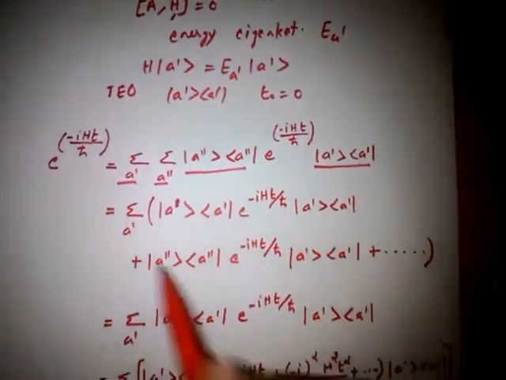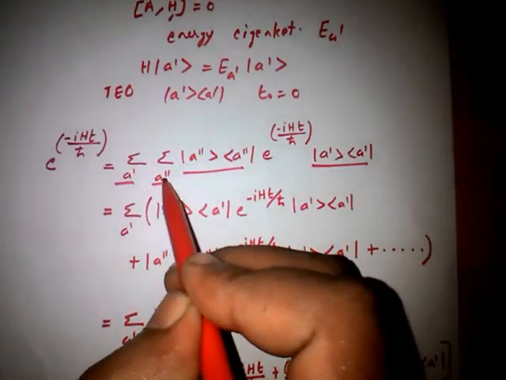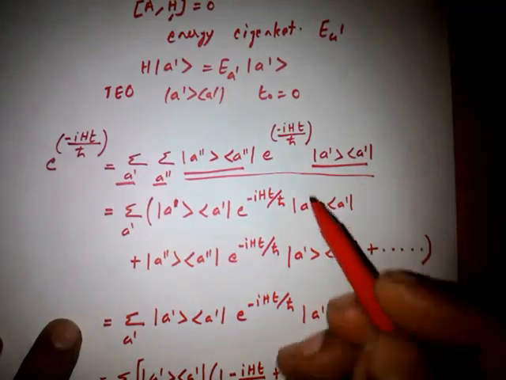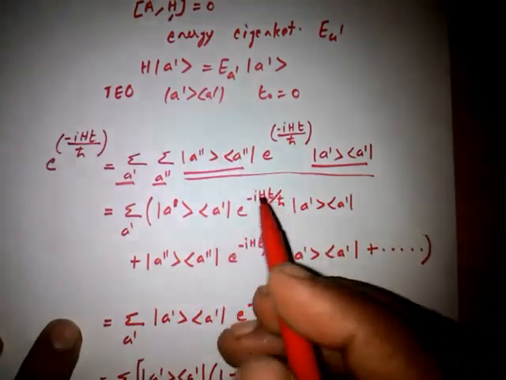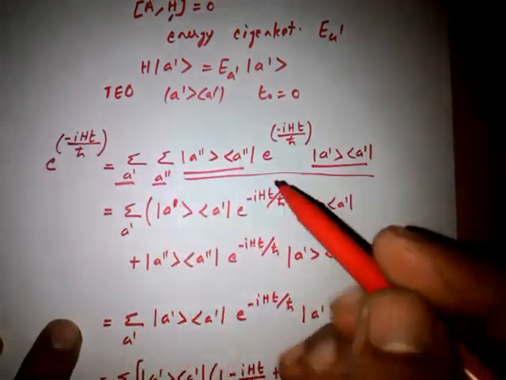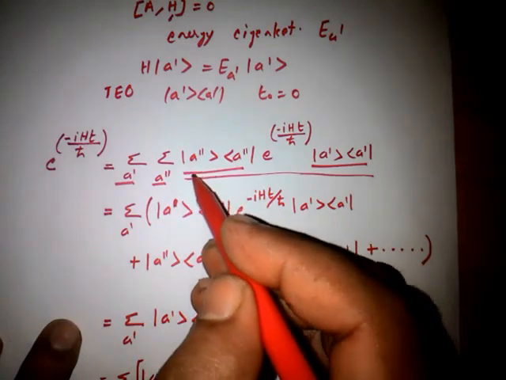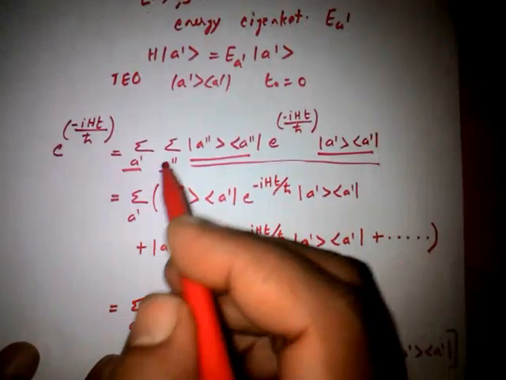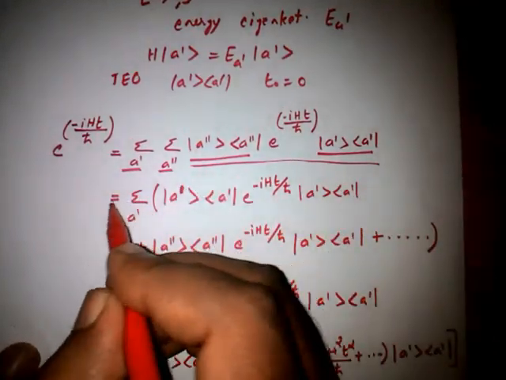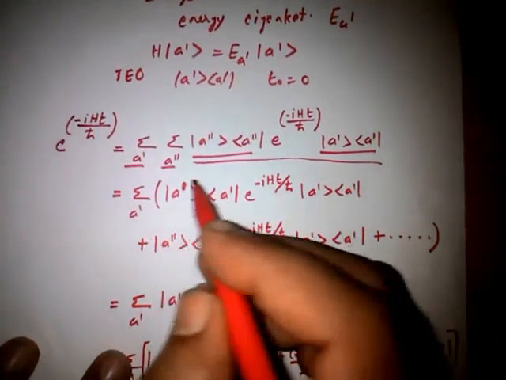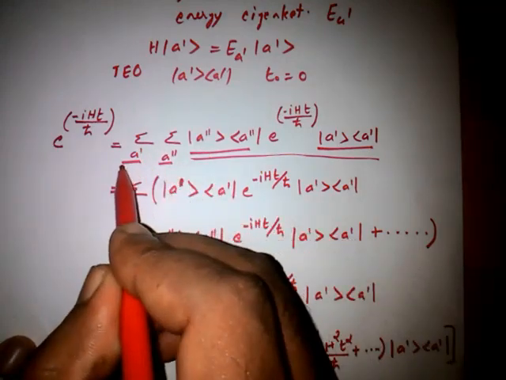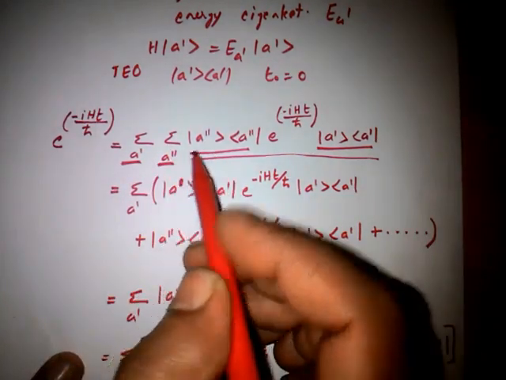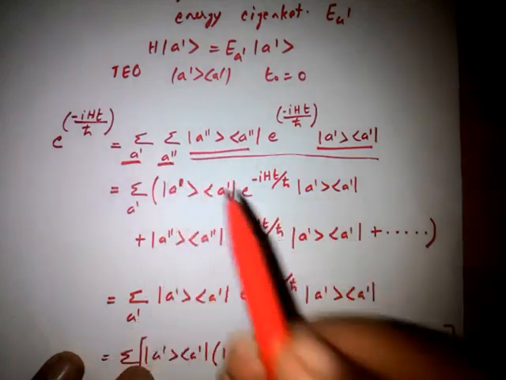That is equal to the sum of a double dash, and this whole term means that whenever a double dash comes, we can use a dash, then a double dash, then a triple dash, like that. So here we are expanding this, that is equal to the sum of a dash. Let's keep this term here, and we can expand with the sum over a double dash.